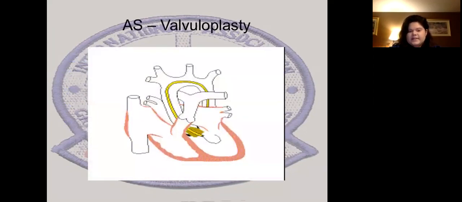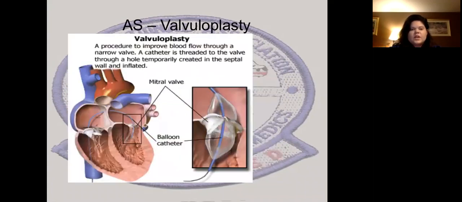And this is just the plasty. They go in, open it up, and this is what it looks like. So it improves the blood flow through any kind of narrowing valve with the catheter. So it goes in and then it's inflated around the leaflet.